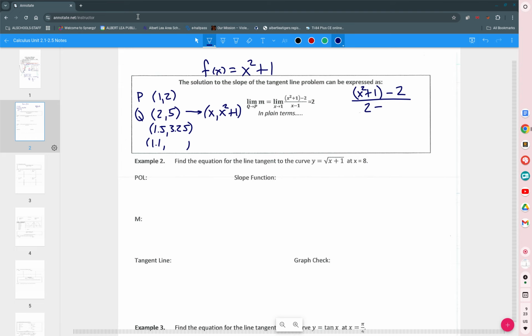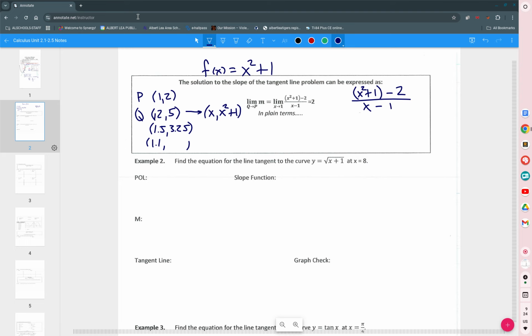Whoop, I'm sorry, messed up. Our second x value would be x, minus x sub 1 will be 1. There we have it. So this is our new slope function.